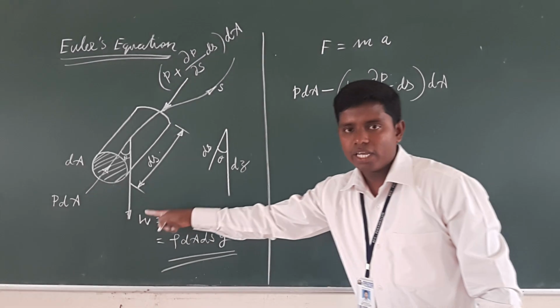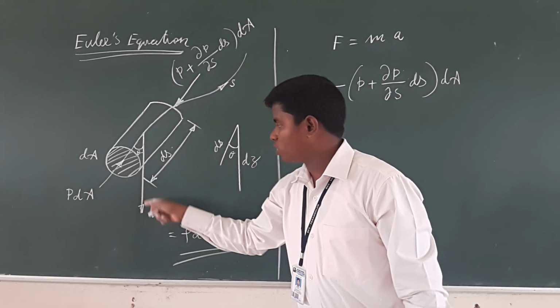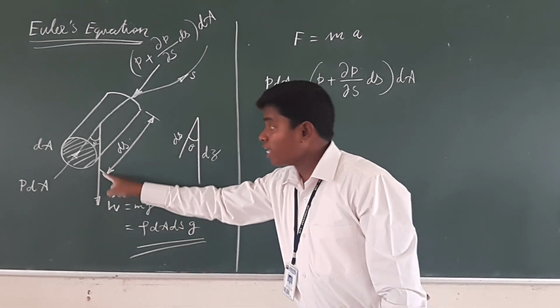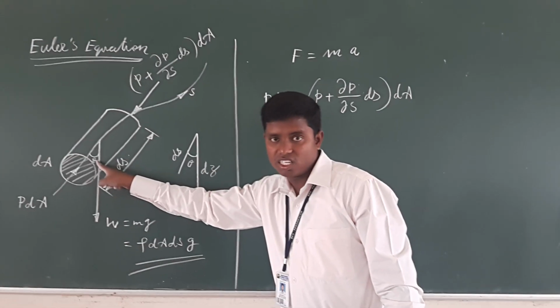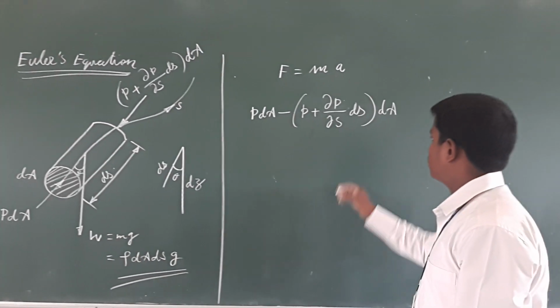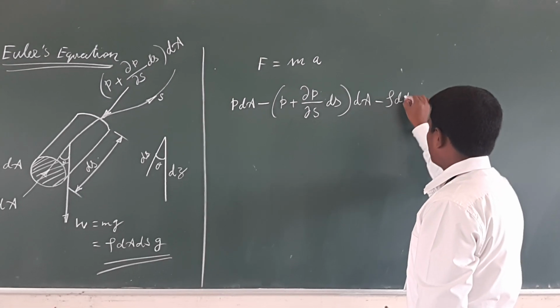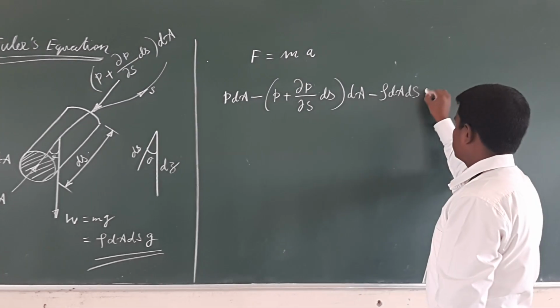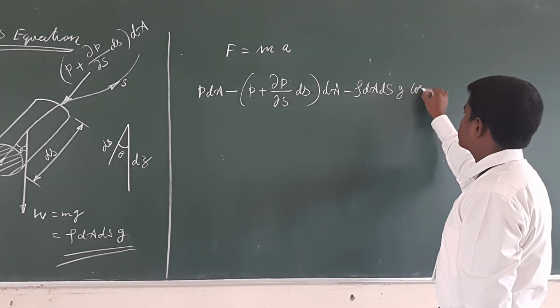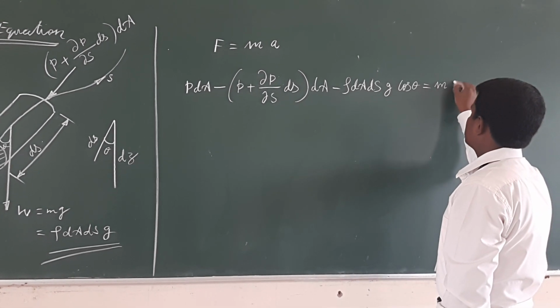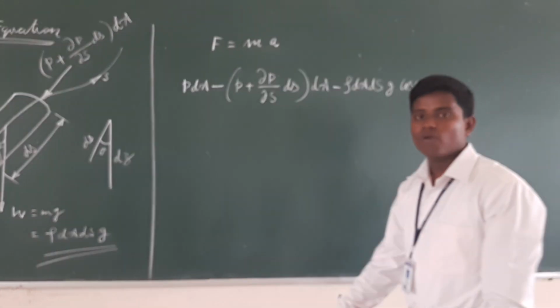The body force, the weight, is also acting opposite to the flow, making an inclination of theta. So I can write this equation as minus rho dA ds g cos theta, which equals mass into acceleration.